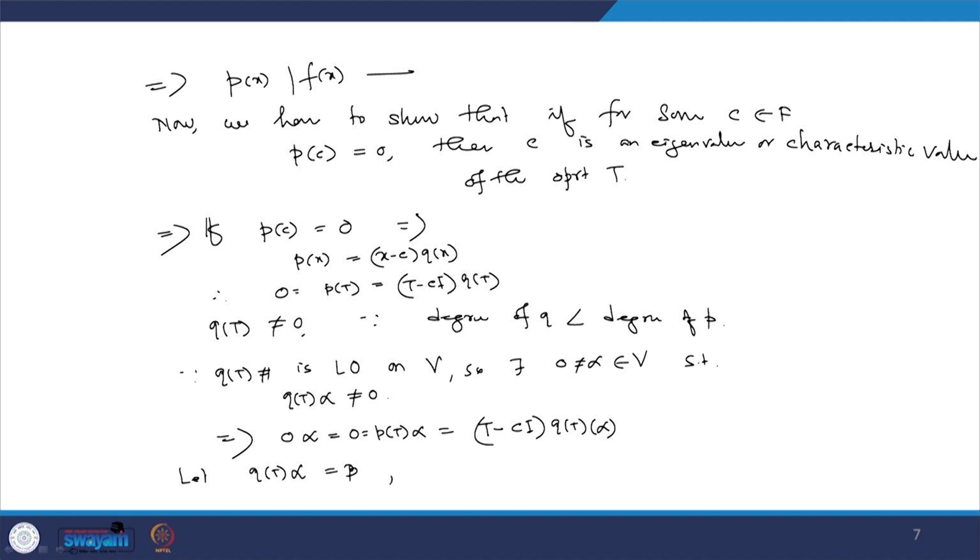This implies (T minus cI) operating on beta equal to 0, where beta is not equal to 0. This implies c is an eigenvalue of T.